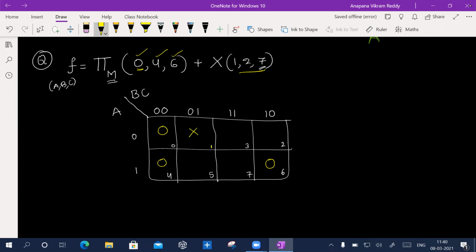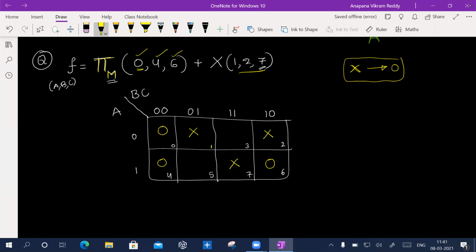Now in this case, what does don't care become? 0, sir. Very good, 0, because I have a product of max terms. So take don't care as 0. I'm telling you again, only if you think a don't care is essential in grouping should you take it, otherwise leave it. So 1, 2, and 7.